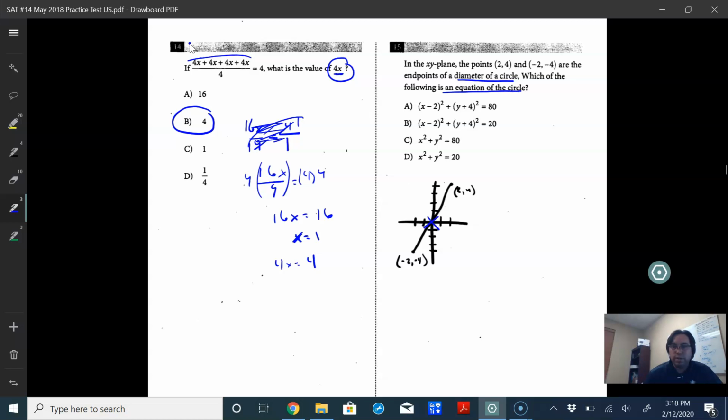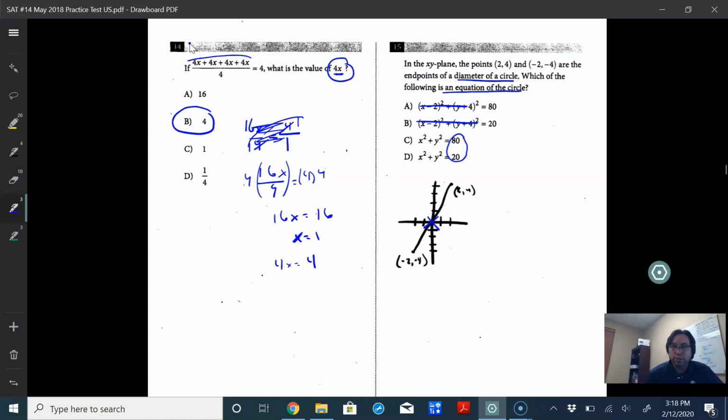They're reflective of each other, so it can't be these. And now we're trying to figure out which one happens to be the radius here.